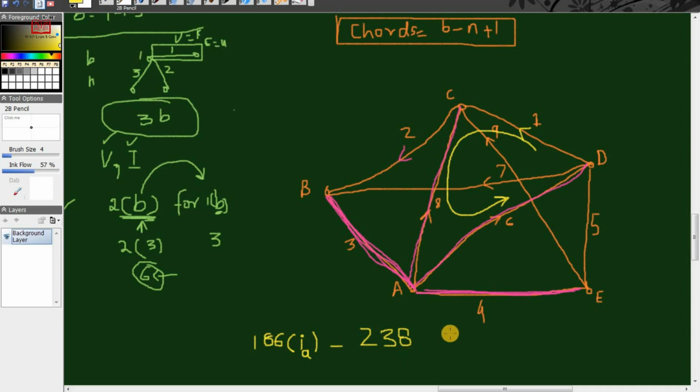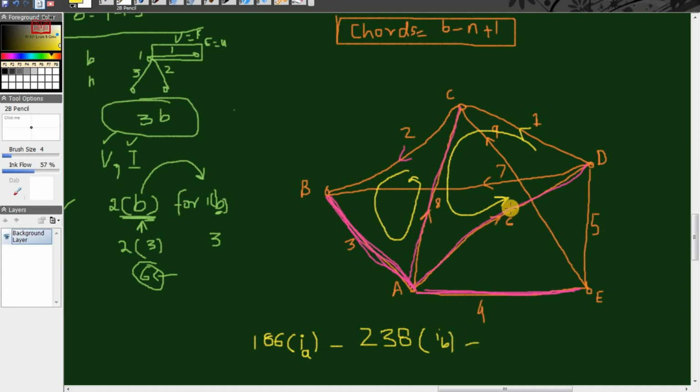The current direction can again be chosen according to the reference direction of the code, that is 2. The direction is again clockwise, but right now I am taking it as IB.